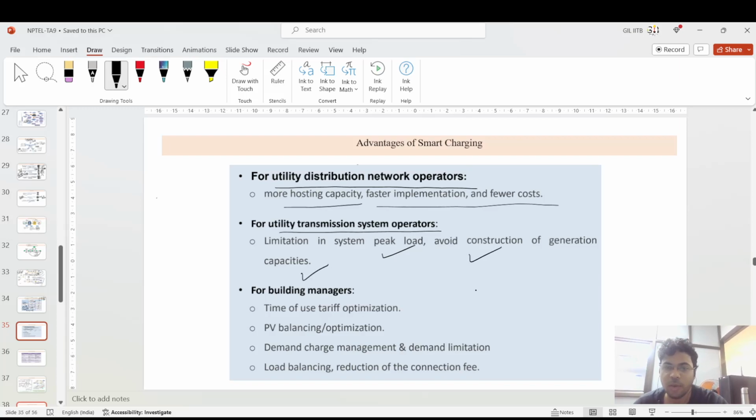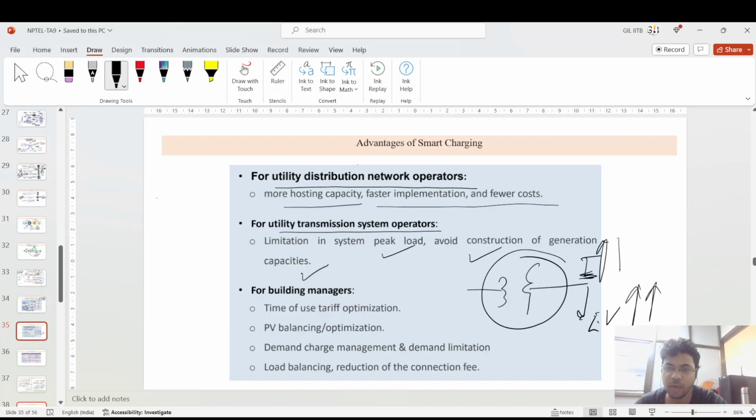From the utility transmission system operator's point of view, it reduces the peak loads and avoids the construction of generation capacity. Why? Because the generator supplying the EVs has a certain capacity; it can inject a certain amount of current. But if you increase the EV penetration, this current level will increase. And you can operate only up to about 70 to 80% of capacity.